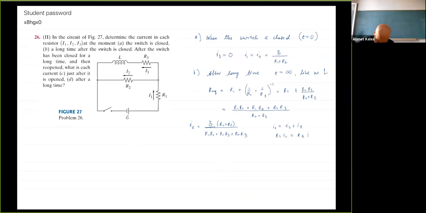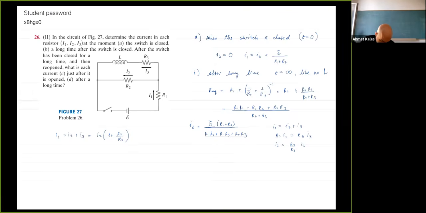Then let's solve it for I3. I3 is equal to R2 over R3 times I2. Then this thing, okay, let's write it like that. I1 is equal to I2 plus I3, and this is equal to I2 times 1 plus R2 over R3.